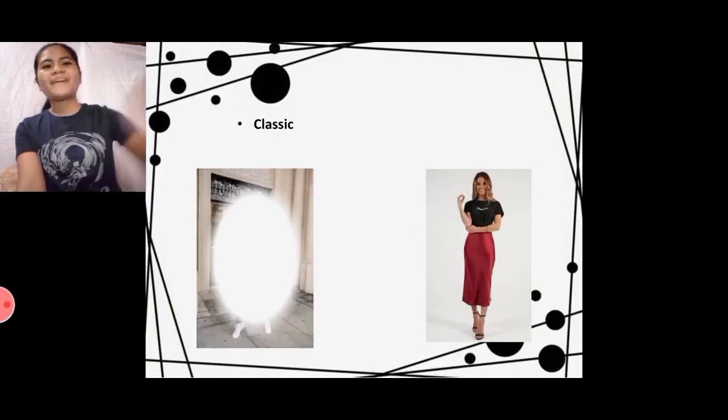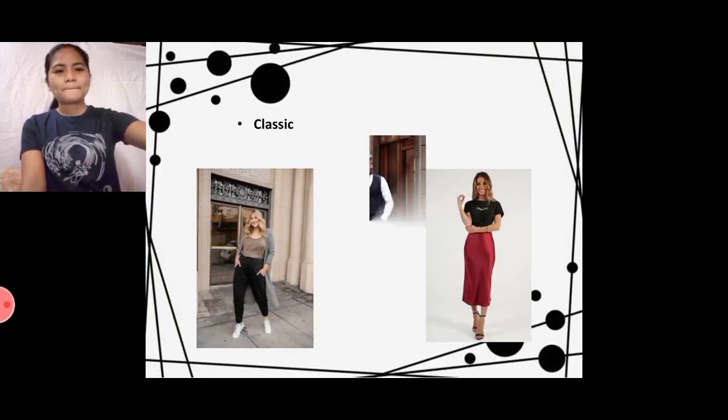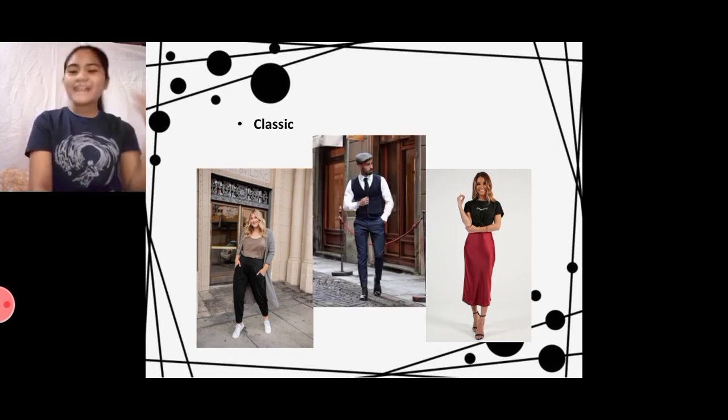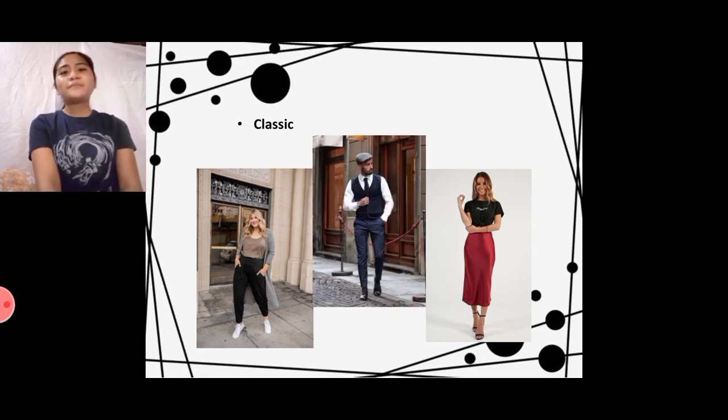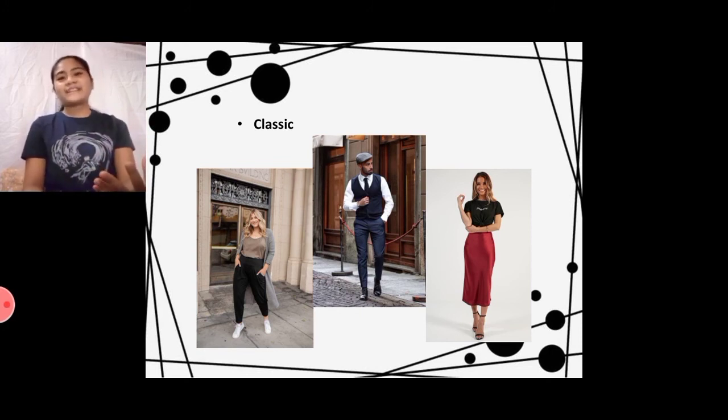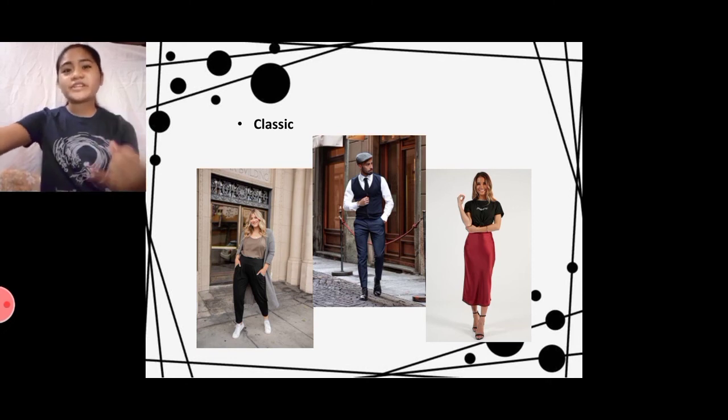is the classic. So the classic style is an umbrella term for a polished everyday style that incorporates elements of workwear. When we say workwear, it's just like a professional outfit or professional attire, such as blazers, pencil skirts, khakis.